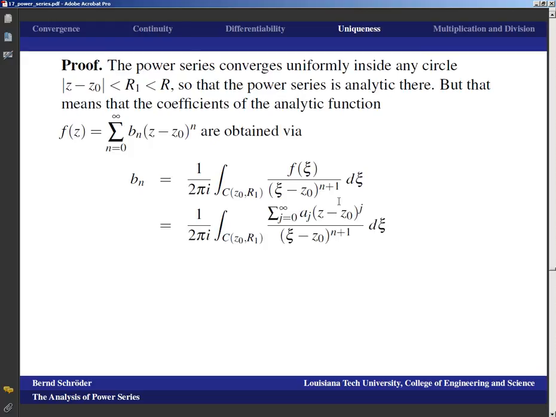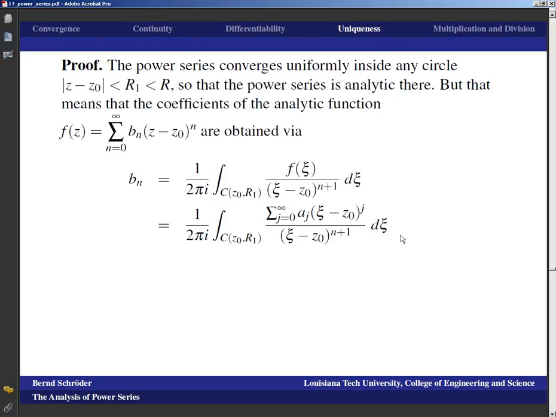But now we realize that our function is the sum j equals 0 to infinity a_j (z minus z0) to the j. That should be z minus z0 here. And now it is. So f of zeta, we just replace z with zeta. And then the denominator still, of course, stays the same.